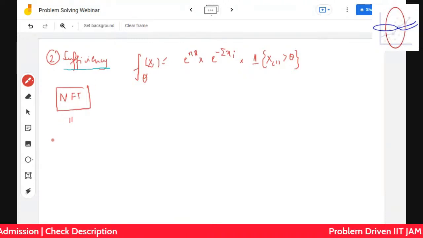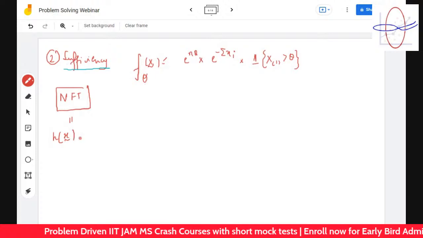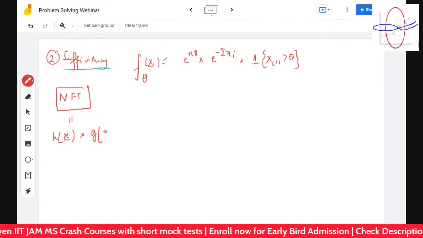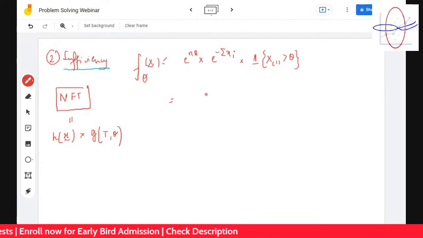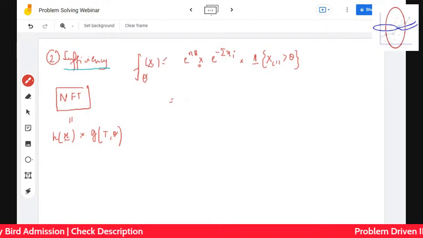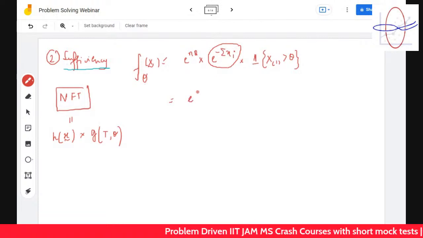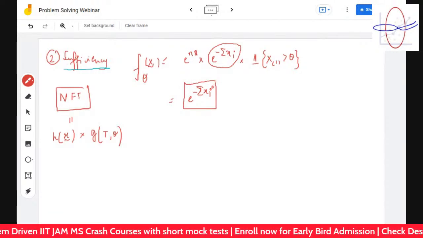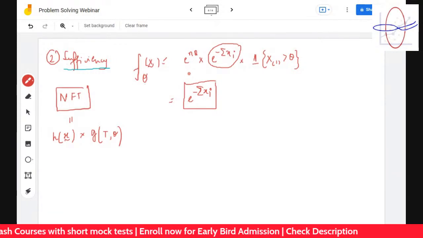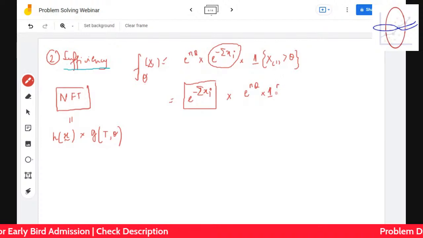NFT says that the likelihood can be written in the form of h of x times some g of the sufficient statistic, comma, theta. So this can be written as h of x, that means this, times e to the power n theta times the indicator.